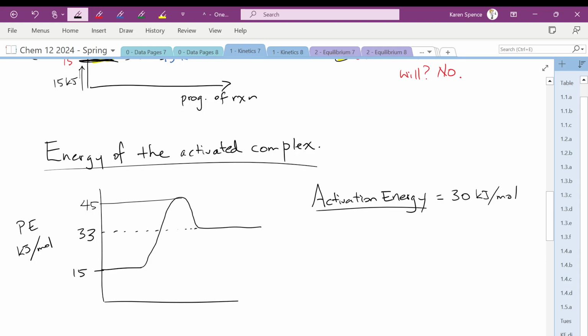Now, the activated complex, that is where we find the activated complex on this diagram. Right? We have our reactants. We have our products. And up at the tippy top, we have the activated complex.